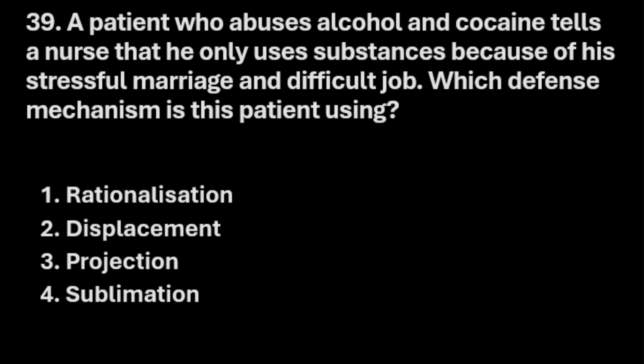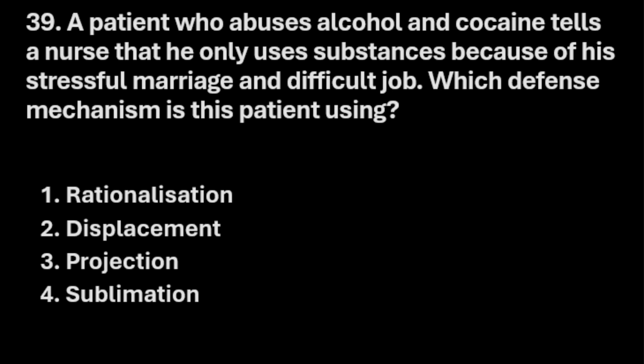Next question. A patient who abuses alcohol and cocaine tells a nurse that he only uses substances because of the stressful marriage and difficult job. Which defense mechanism is this patient using? Option 1, rationalization. Option 2, displacement. Option 3, projection. And option 4, sublimation.